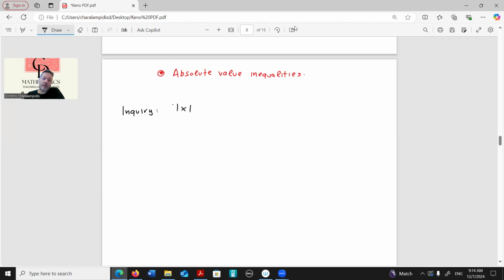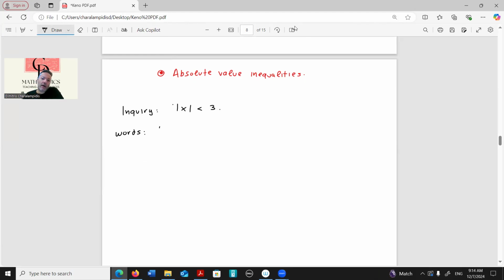Absolute value of x smaller than 3. Let's try to interpret that, let's try to translate that in words. Absolute value of x stands for distance.